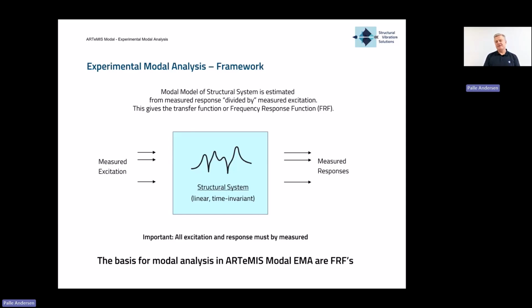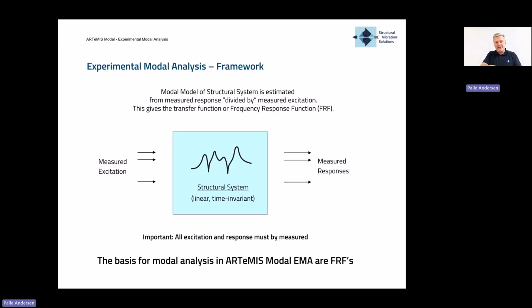So what we have to do, first of all, is make some assumptions. The first assumption is that the structure we are testing is vibrating with modes that are not changing with the level of excitation.